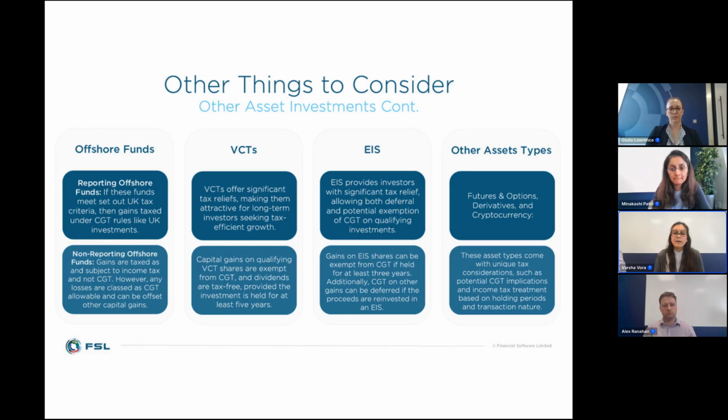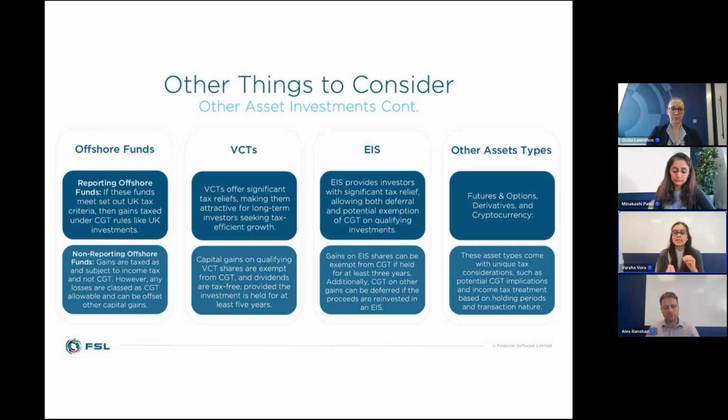Following on from that, we move on to not your niche asset classifications, but things that are different. So offshore funds, again, always a hot topic. Reporting funds and non-reporting funds, again, from a CGT perspective, although not reported if you make any gains on non-reporting funds, they're classed to income, but any losses that are made on these assets can be used for CGT.